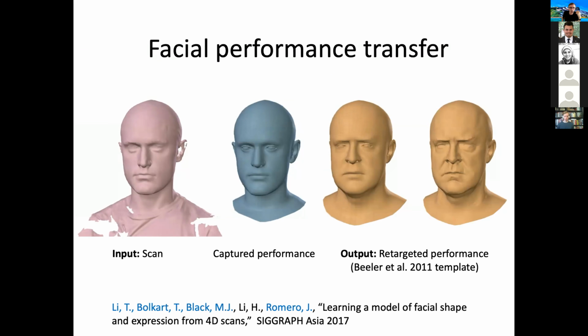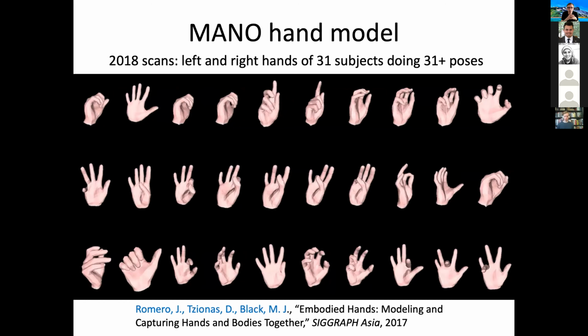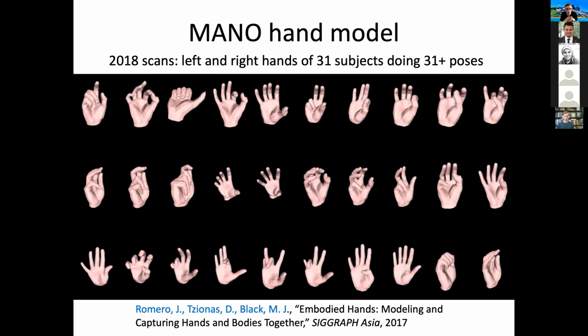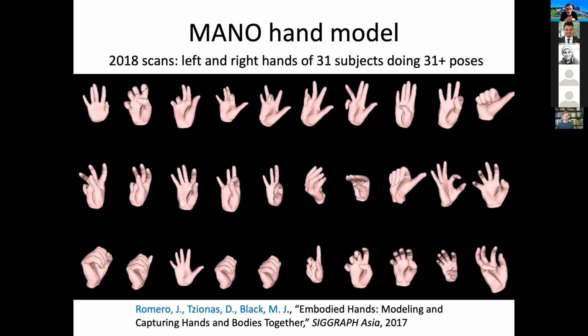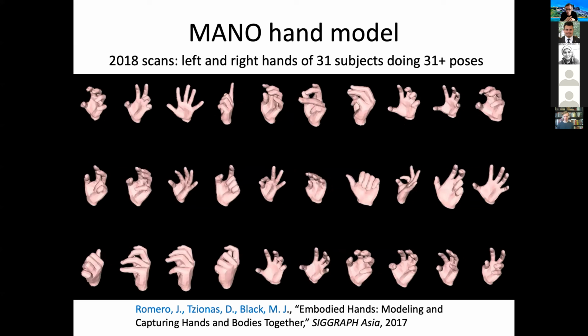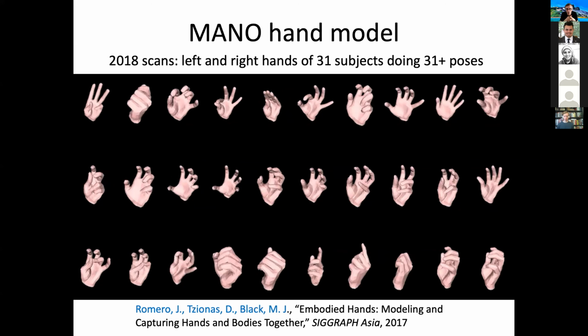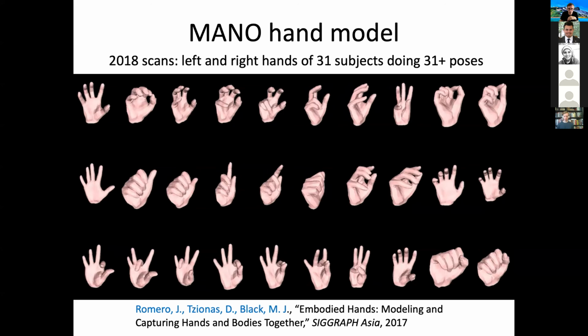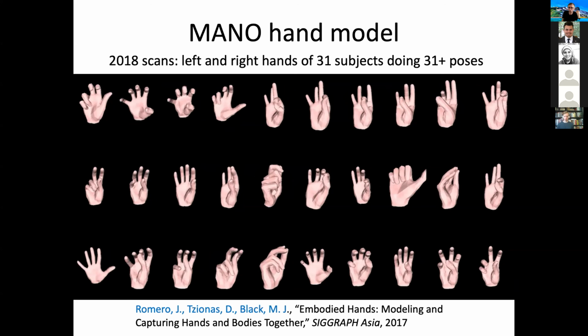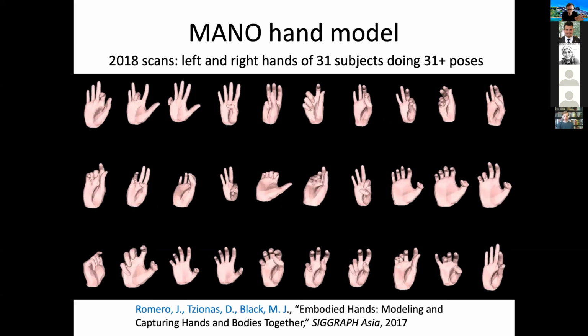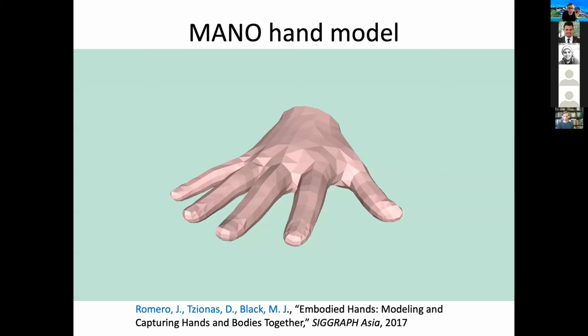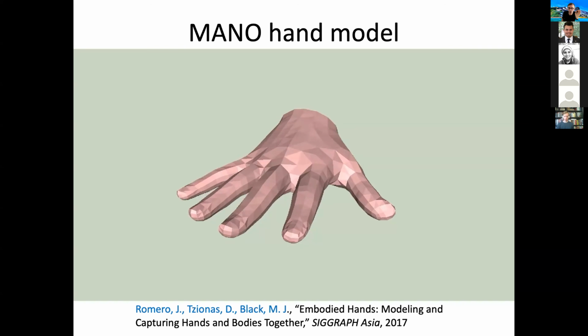All right, I'm gonna skip over this. We did the same thing for hands. We scanned 2018 hands, left and right hands of 31 subjects interacting with objects and using a well-established protocol. We brought them all into registration again, aligned them, and then put them into a canonical pose and solve for the principal components.